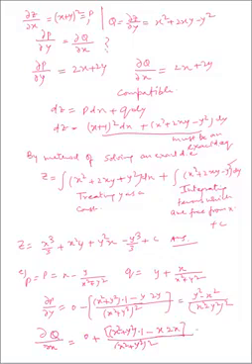So this comes y square minus x square upon (x square plus y square) whole square. So these two are equal, which means compatible, and once compatible we need to find its solution.